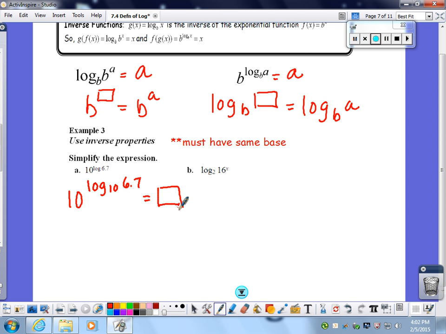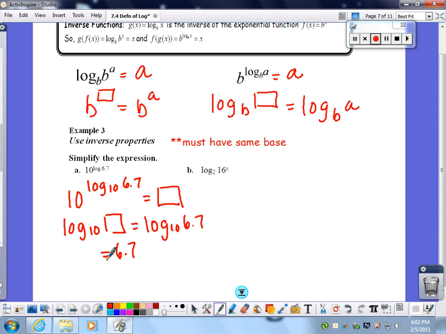Now this is an exponential form, so I'm going to rewrite it in log form. So I've got log base 10 of my answer is equal to my exponent, log base 10 of 6.7. Compare the two. What does this simplify to? Well, it has to simplify to 6.7, because to make the sides equal to each other, my box has to be 6.7.